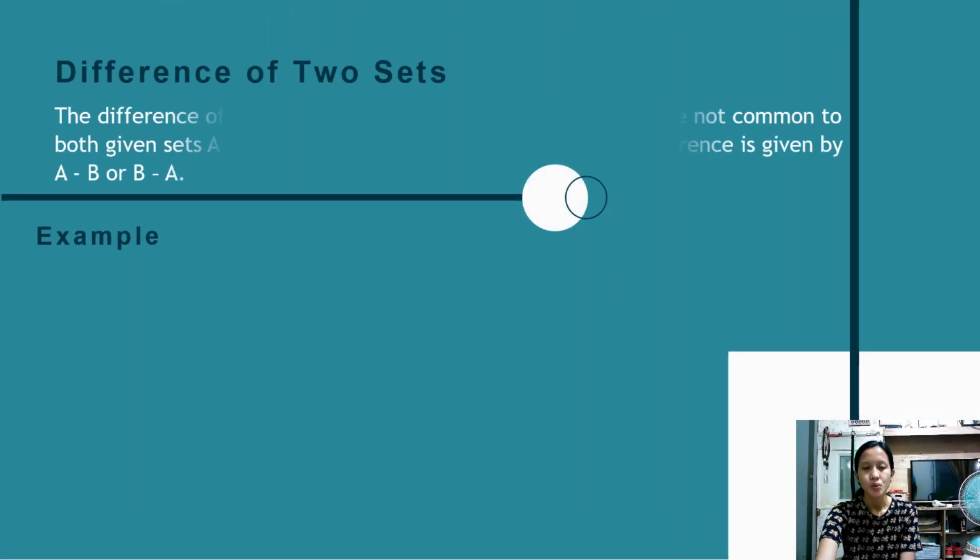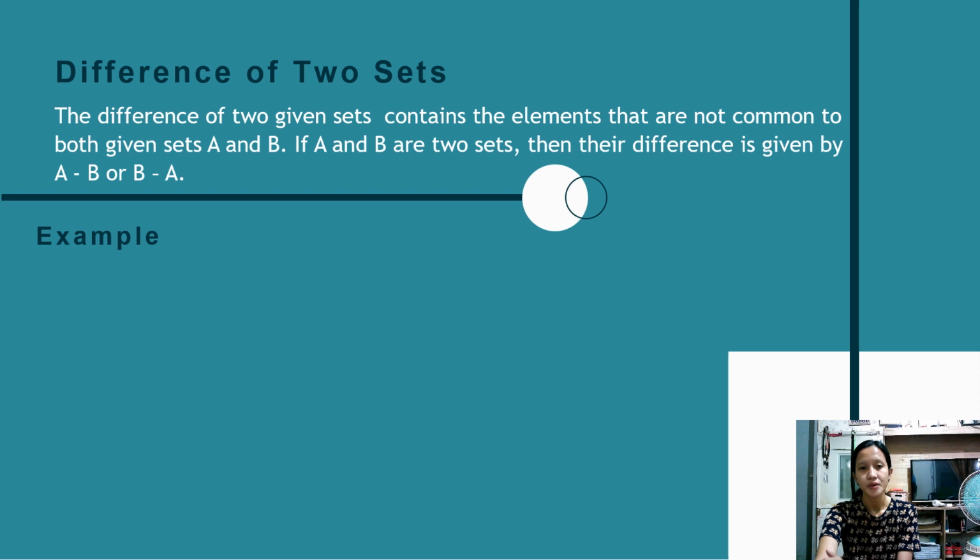Okay, so we will now move on to the third operation on sets, which is the difference of two sets. When we hear the word difference, I believe we already know that the operation involved is subtraction. So we're going to subtract the elements of A and B. For example, if A is equal to 2, 3, 4 and B is equal to 4, 5, 6.